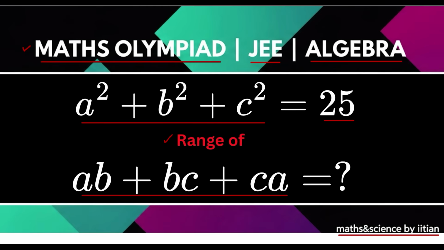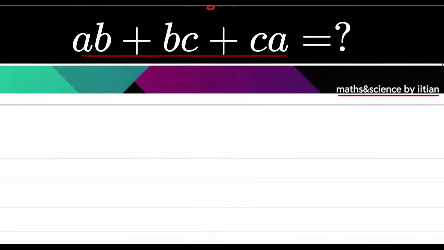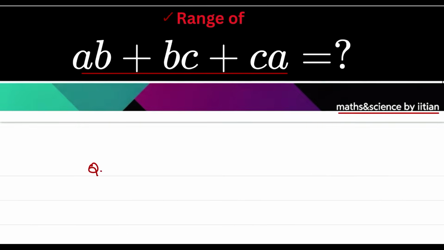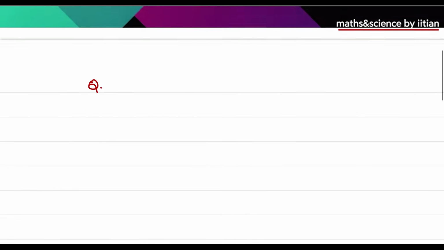Now, we try to solve this problem. In the question, what is given? It is given that a square plus b square plus c square is equal to 25.